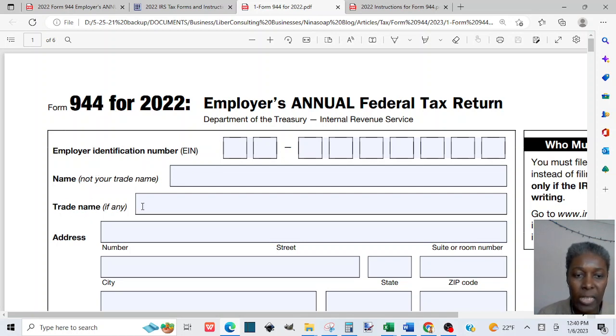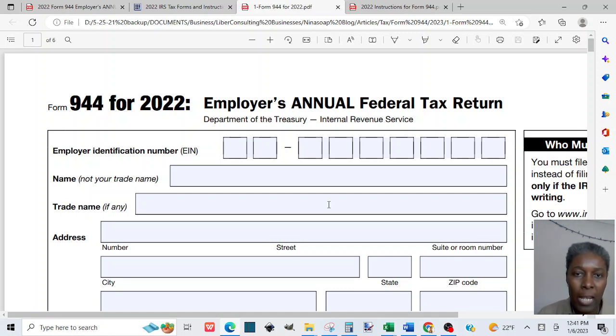And then on the trade name line, if you have a DBA that you file with your state to do business as, you will put it there. So let me give you an example. Okay, so before I give the example, let's give the second option.